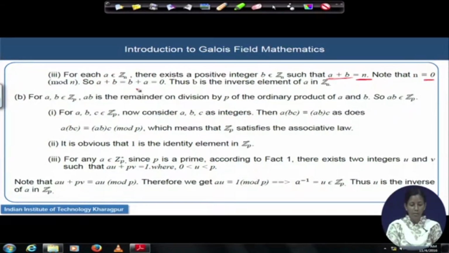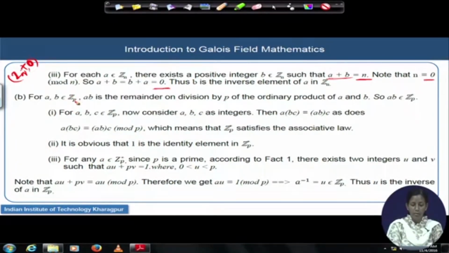So, A + B = B + A = 0, and in such a situation B is definitely an inverse element of A. Hence you could find the inverse and the identity element, and you proved the associative law for this algebraic structure Zn with respect to plus and with respect to 0. Hence, it can be declared as a group. Let us see the other one.